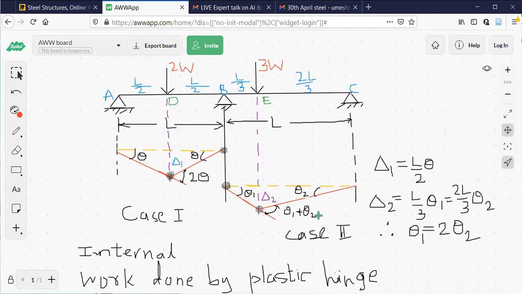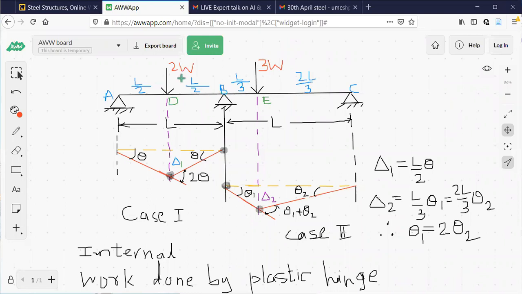If there is one more span, let us say 3 spans, case 3 will appear, corresponding to the loads on that span. Out of all the cases, whichever is the smallest value of WC.